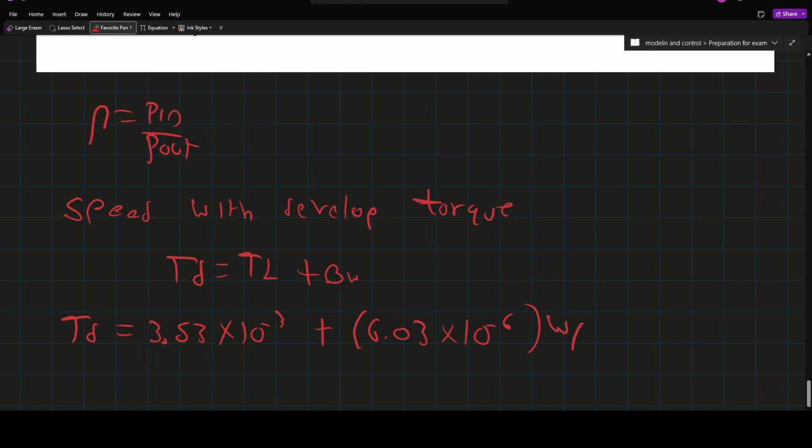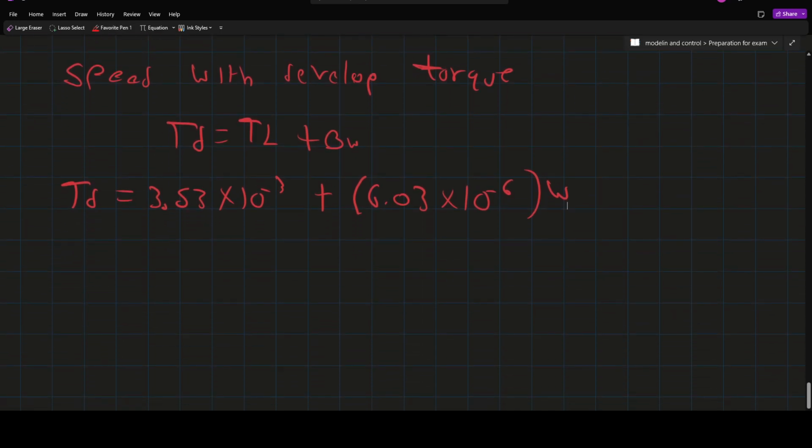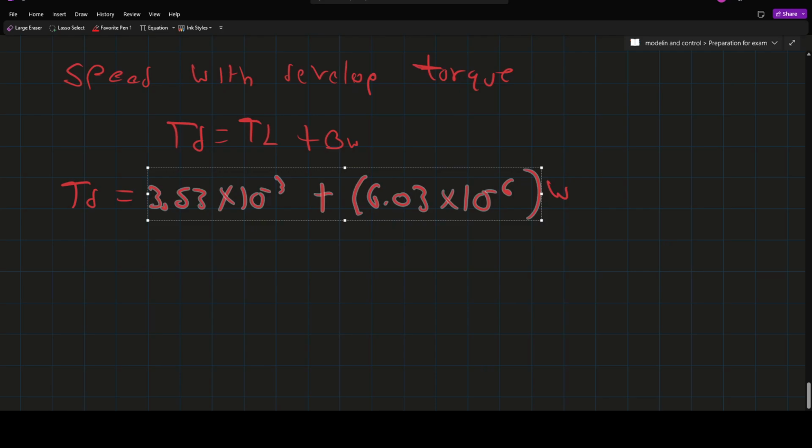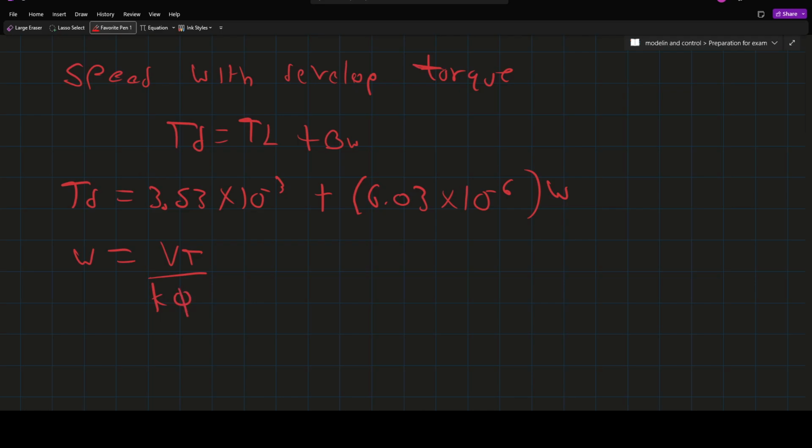So we need to find this speed, because this will be the speed for our developed torque. So we can say that omega is equal to Vt over K phi minus Ra over K phi squared times our developed torque.